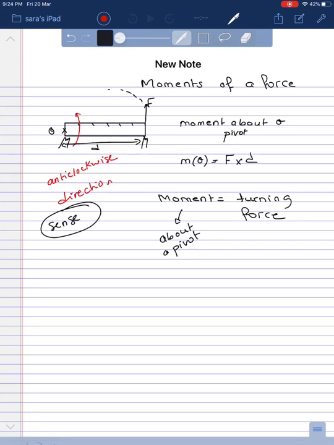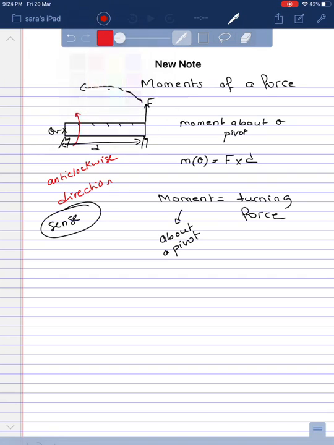Its sense will be whether this turning force is clockwise or anti-clockwise with respect to O. In this case, it will be anti-clockwise because, again, if you put one finger on O and use the other finger to push this force upward, you will find that this force with respect to the pivot will be going in an anti-clockwise sense.